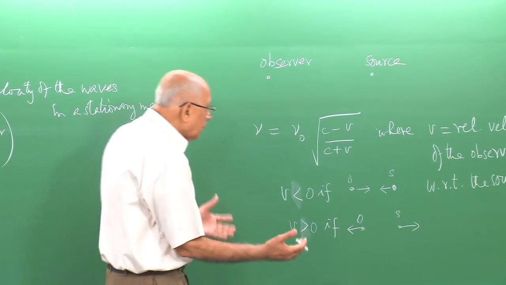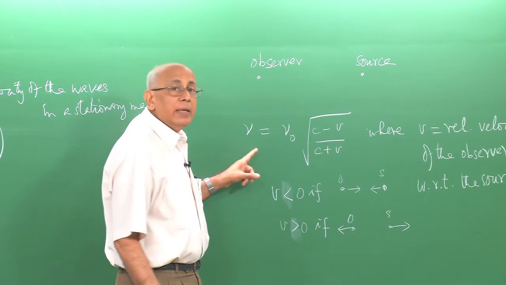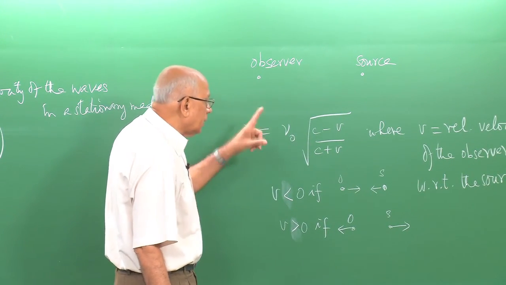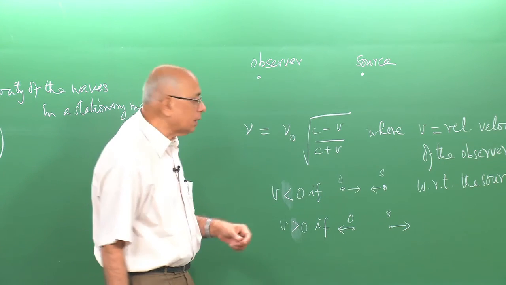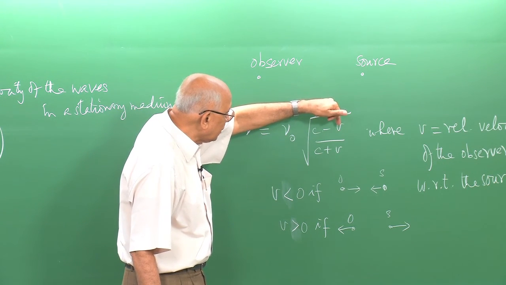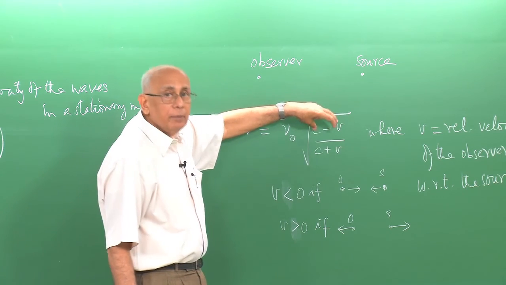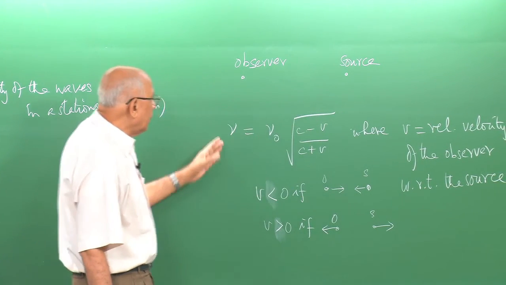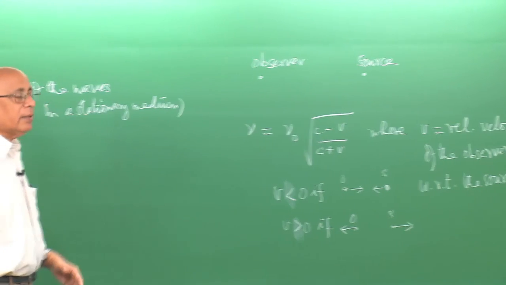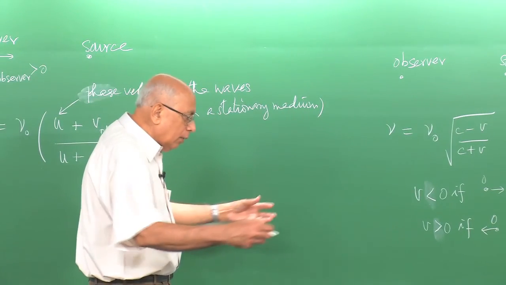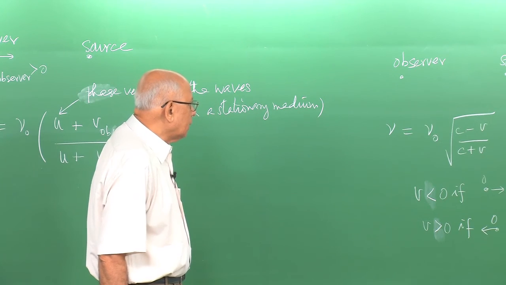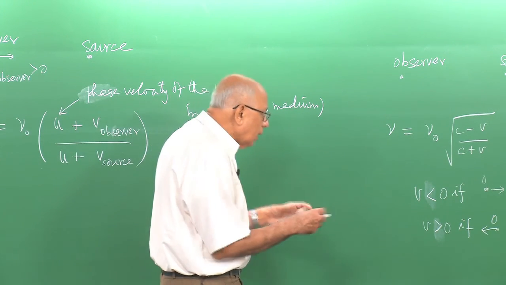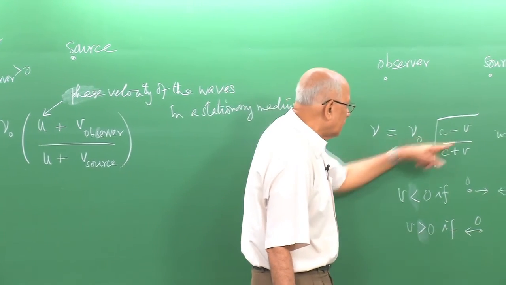And when v is positive, you can see that the decrease in the frequency comes about for two reasons. One, because this factor becomes smaller than c, the numerator becomes small and the denominator increases, meaning that there is a decrease in the frequency. So, when they are moving away from each other, there is a decrease in frequency, but if they are moving towards each other, then v is negative.